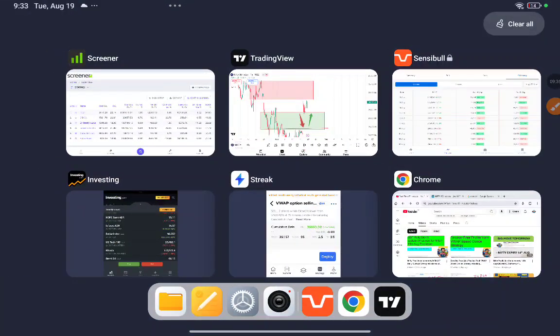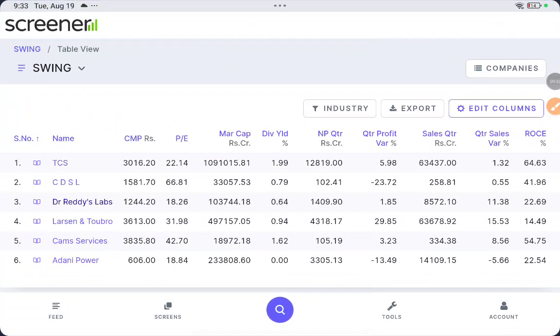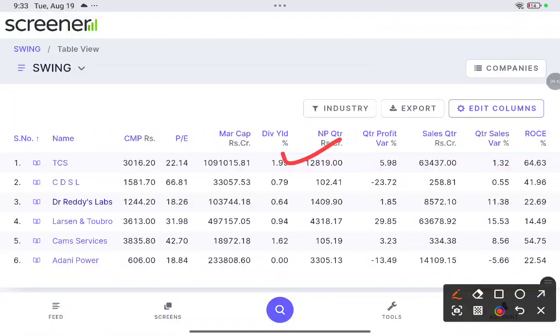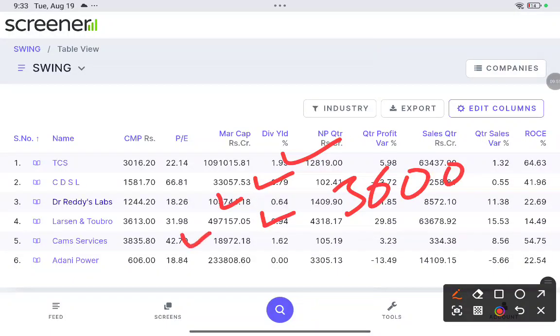Now let's quickly check our swing trades, how they are doing. TCS I think is holding stable, nothing much changed. CDS is also holding stable. Dr. Lab is mildly negative. Last time Turbo was going to break out of 3,600, so 50% of the portfolio I'm still holding. CAMS is inching towards 4K. Unless it closes above 4K, I'm not bullish on CAMS.